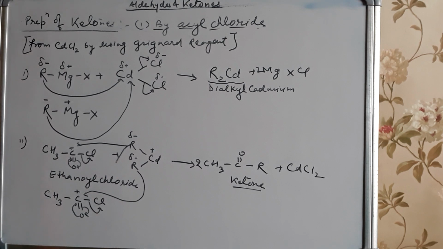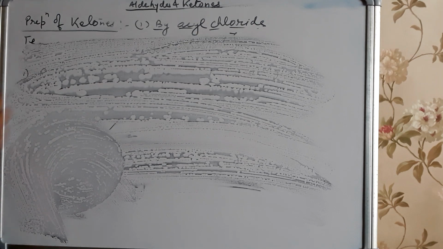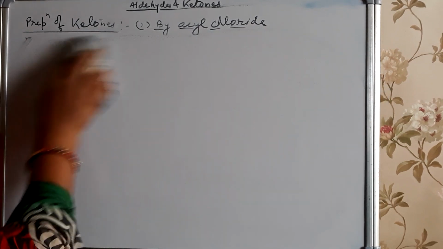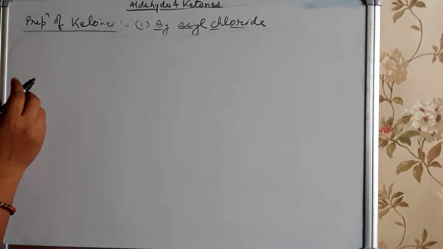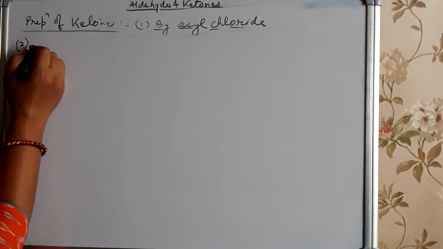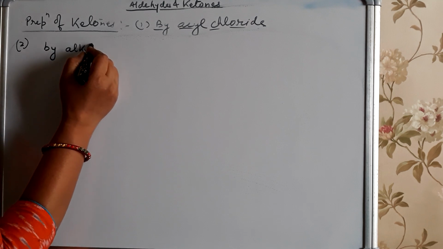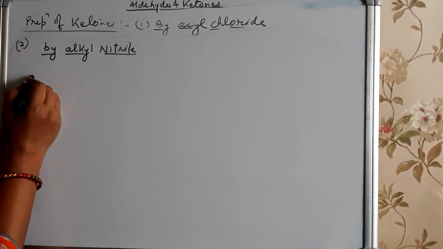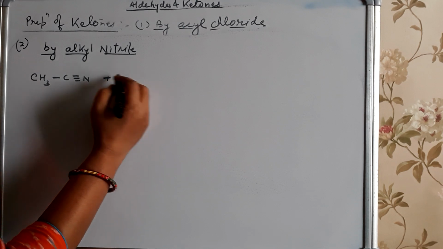Now next, preparation of ketone from nitriles, alkyl nitrile, with C triple bond N, and we use Grignard reagent again.